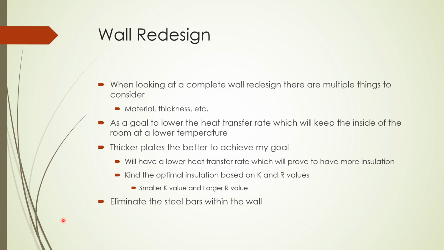So for our redesign, we want to look at multiple things in consideration, such as the material, thickness, etc. As a goal to lower the heat transfer rate, keeping the inside of the room at a lower temperature, we would want thicker plates to achieve the goal. It will give us a lower heat transfer rate and prove to have more insulation.